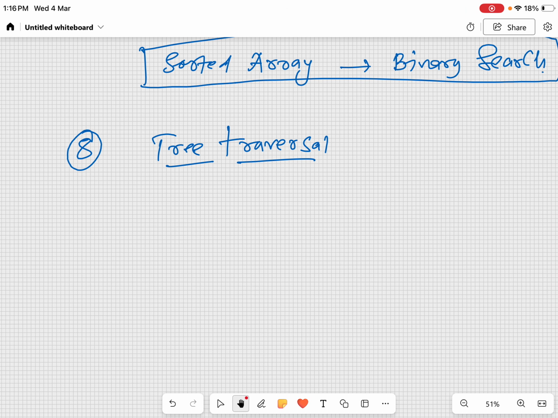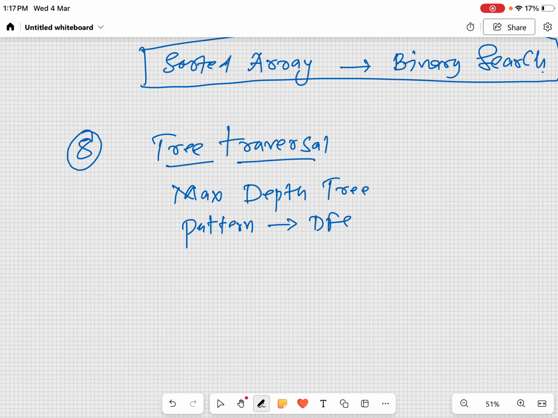So how the depth is calculated is the trick we can follow. I would say the problem is max depth of a tree and our pattern is DFS.